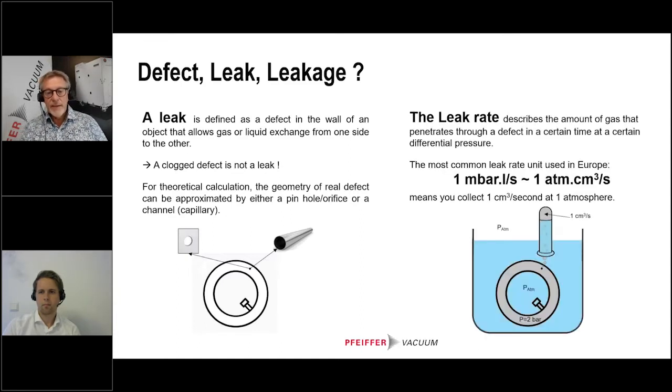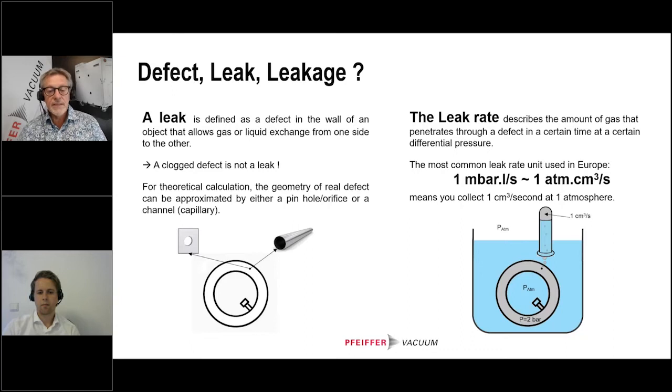As a result of a leak, we can measure, and this is the purpose of our equipment, the leak rate. The leak rate describes the amount of gas that penetrates through a defect in a certain time at a certain pressure. In Europe, the most common leak rate unit used is millibar liter per second or atmosphere cubic centimeter per second, which are almost equivalent.